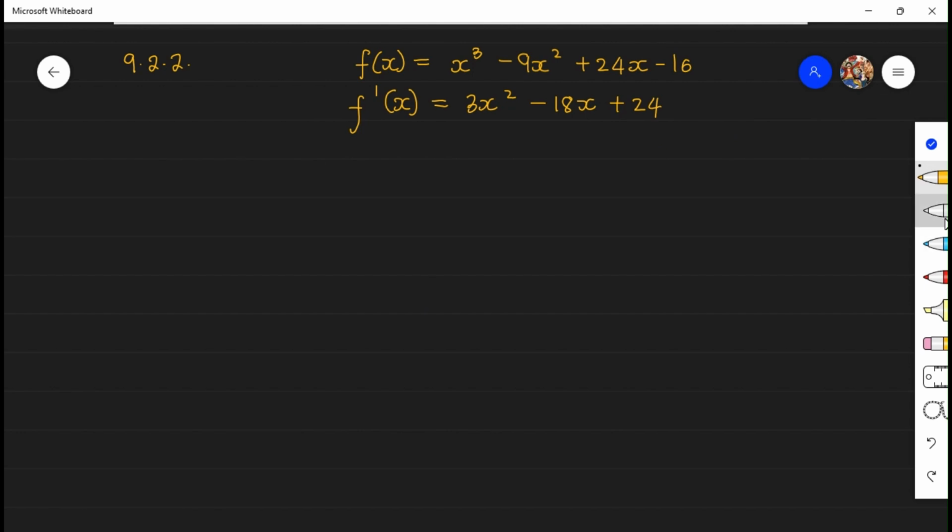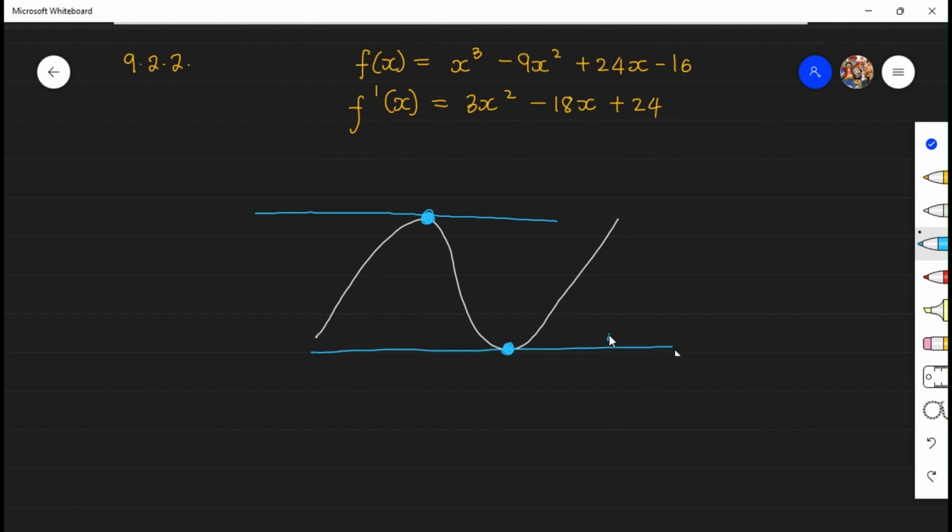So let's do a quick sketch so we can understand why. If we have a tangent that touches the stationary point, we know that the gradient of a horizontal line is 0. Always remember that. The gradient of a horizontal line is 0.